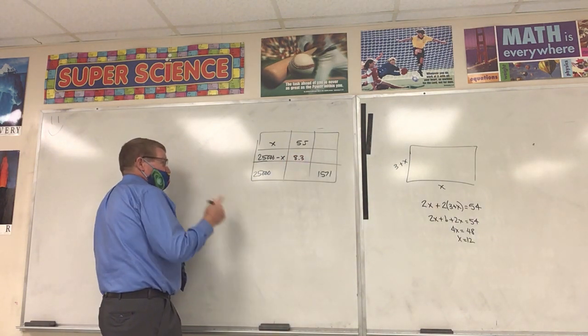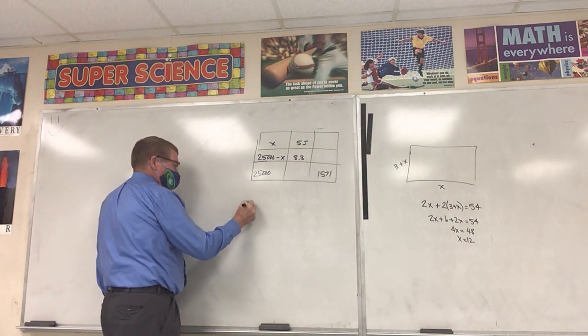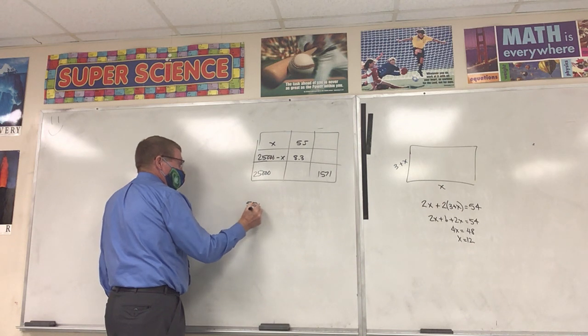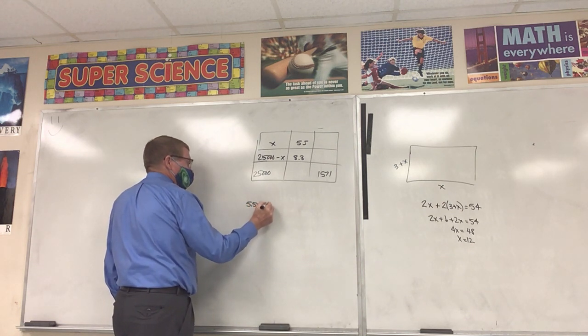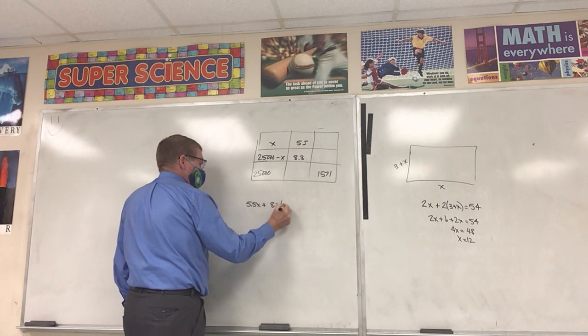Alright, so therefore, what's my equation? It would be 5.5x plus 8.3 times 25,000 minus x.